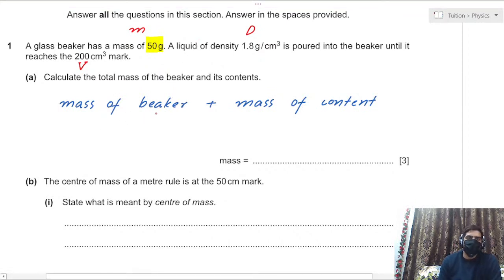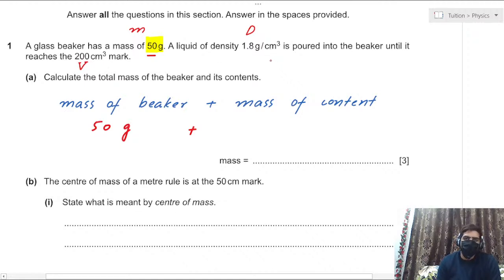So what is the mass of the beaker? Well, the mass of the beaker is given straight away, 50 grams. Now, what is the mass of the content? Well, the mass of the content is not given straight away, but the density and the volume of that content are given.